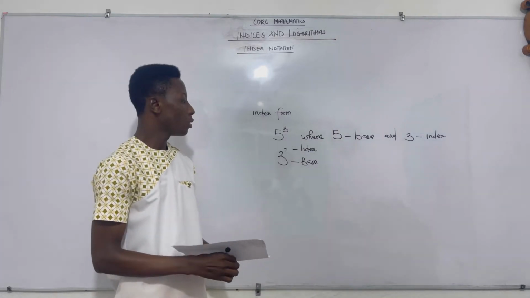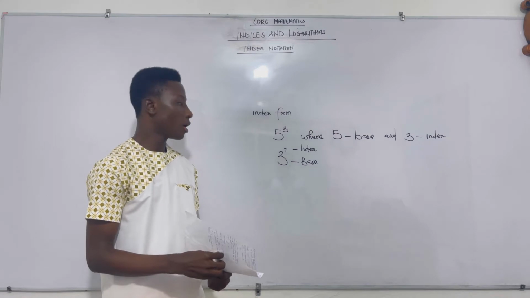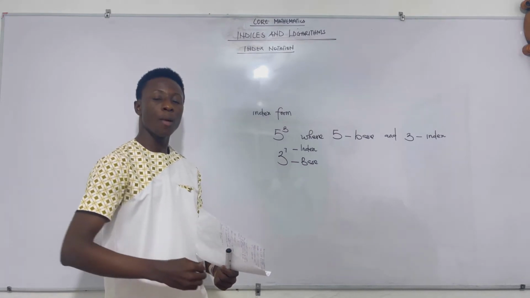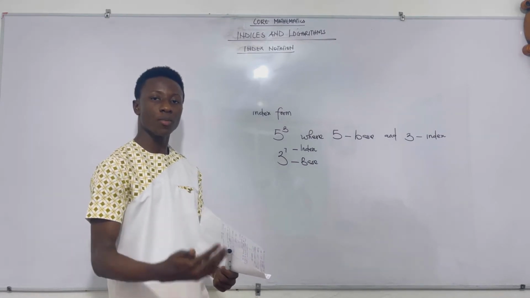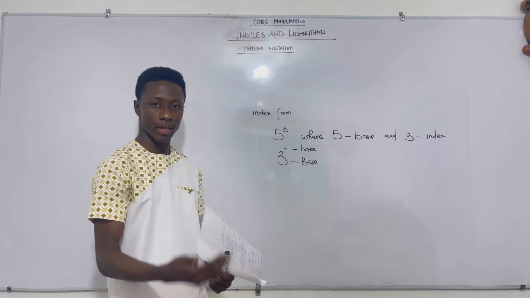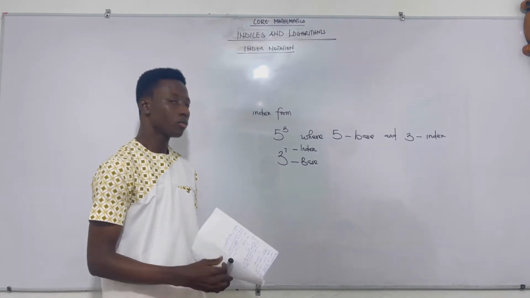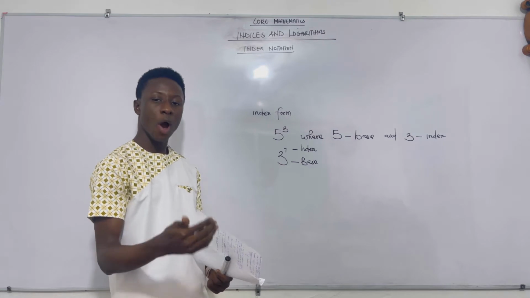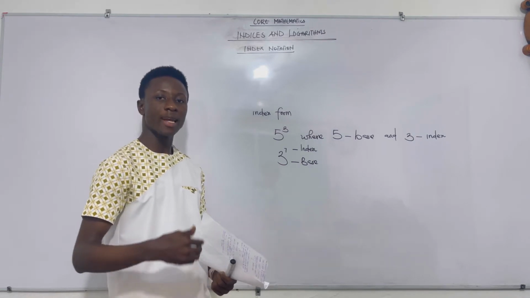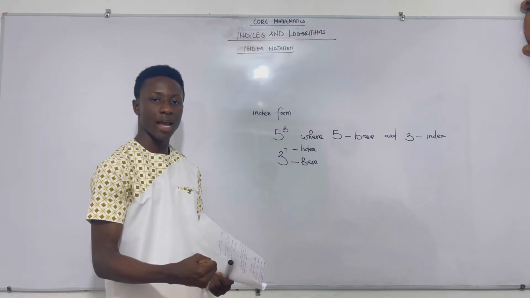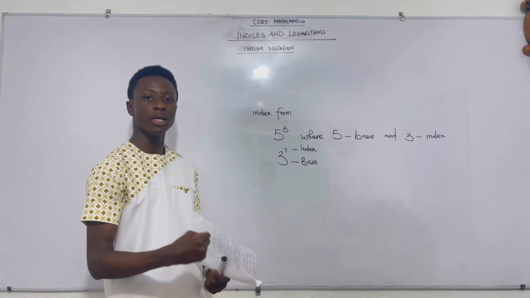The index tells the number of times you have to multiply the base together. The index helps us to identify the number of times we have to multiply the base together.